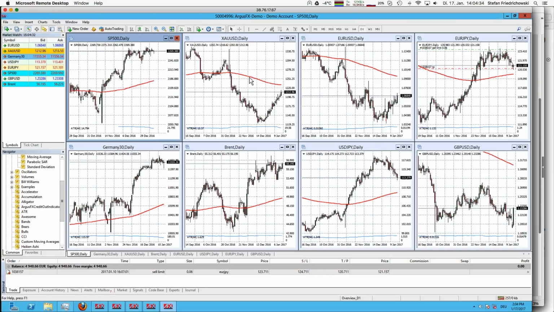So if the ATR goes up, that would mean the volatility increases within the market, and that means, oh, we might not use such tight stop losses. So you see already the relationship between ATR and stop loss. So we can use the ATR as some measure for our stop loss for the specific trade.